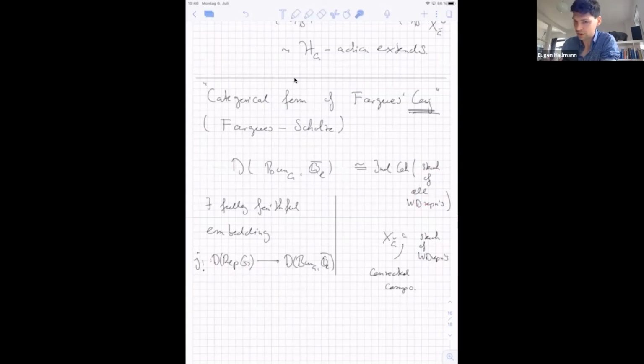So that would be the corresponding fully faithful embedding of this category into this category of ind-coherent sheaves on the stack of all Weil representations. But failing to be essentially surjective really has to do with this larger ambient category of sheaves on Bun_G.